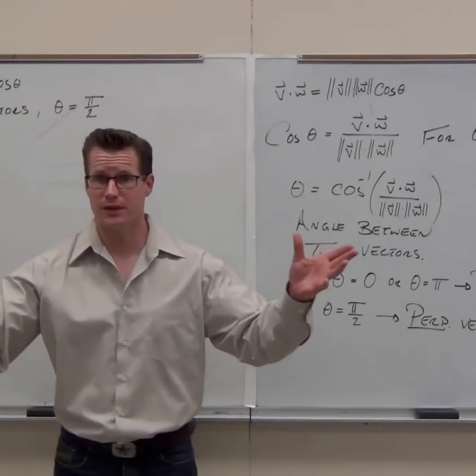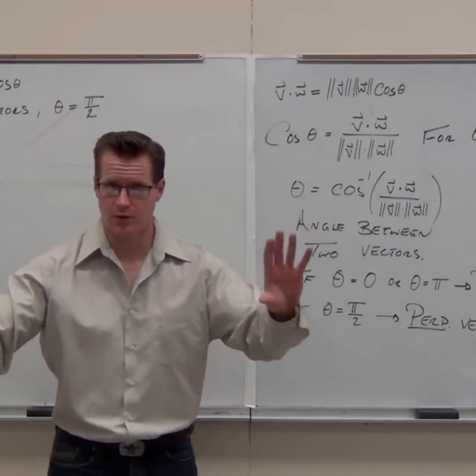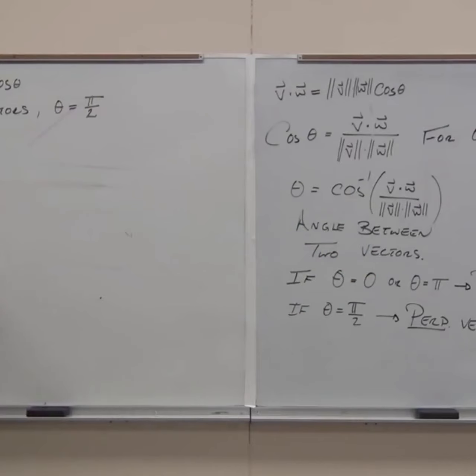Let's plug it in. Let's assume that V and W are perpendicular or orthogonal. So if V and W are orthogonal, then the angle between them is pi over 2. Nod your head that you're with me. So then V dot W would equal the magnitude of V times the magnitude of W times cosine.